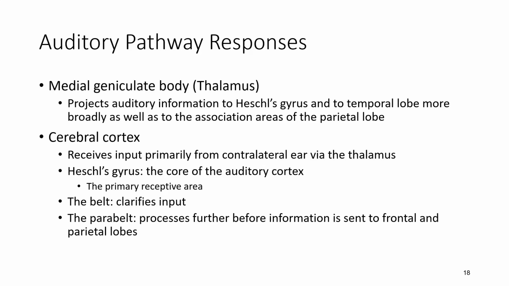Surrounding that core area is the belt, which helps clarify the distinctive aspects of the sound input and tune out random parts of noise that are part of the response. The parabelt provides further detailed processing of that information that then gets sent out to the other parts of the brain.